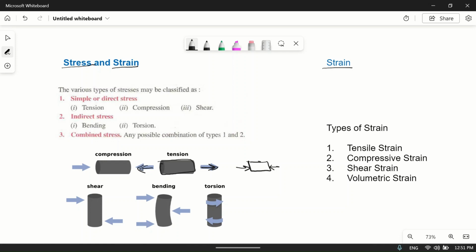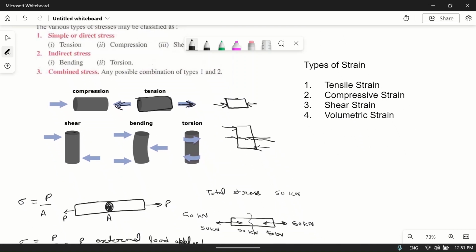What is shear? Suppose this is a member, and we are trying to apply force from here and from here, and these two are not on the same axis. Then this will try to break the material somewhere in between. So this is called shear stress. In what cases do shear stresses occur?